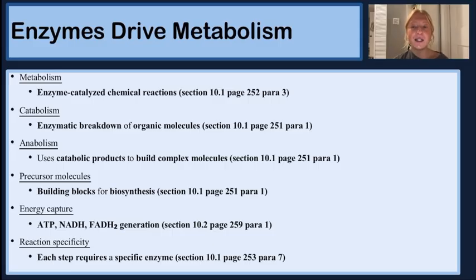The same enzymatic reactions also generate energy in the form of ATP, NADH, and FADH2, which are required in large quantities. Without enzymes, these reactions would occur way too slowly to sustain life.